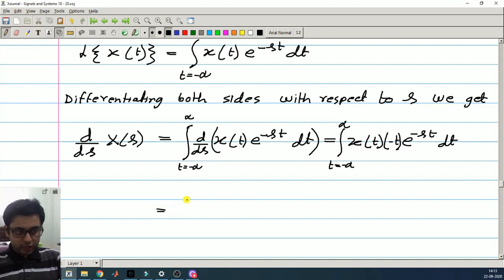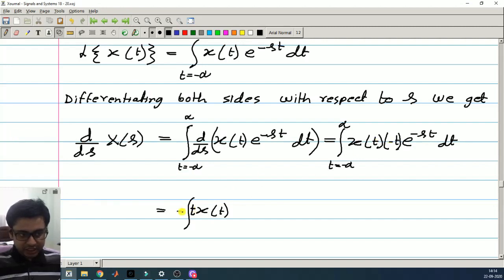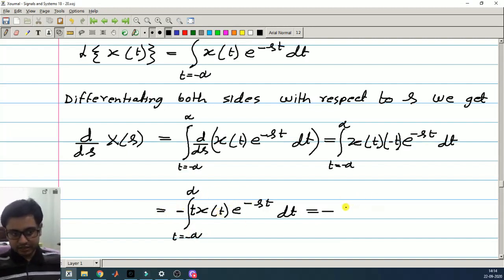So then this is equal to integration of x(t), and we have t here, so let me write t here and this minus sign outside, and then e to the power minus st dt from minus infinity to plus infinity. Now this is equal to this minus sign, and this integration is nothing but by definition the Laplace transform of t x(t).